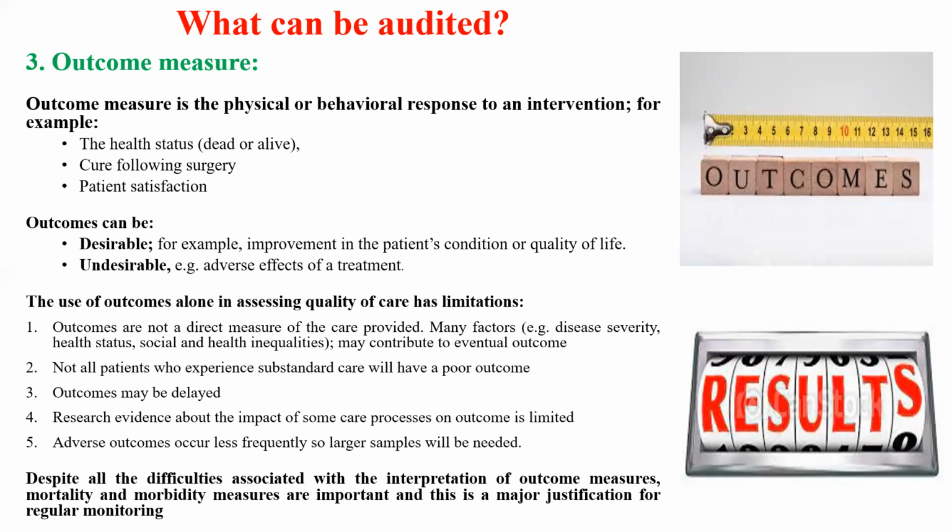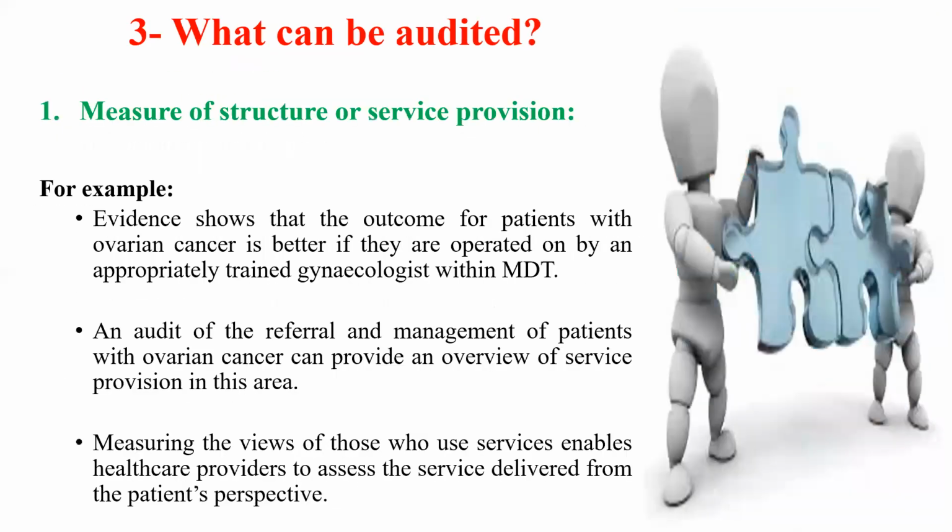But despite all of these difficulties associated with the interpretation of the outcome, still the outcome in the form of morbidity and mortality is very important to measure the quality of care after regular monitoring of the outcome. So this is the answer to the third question here.